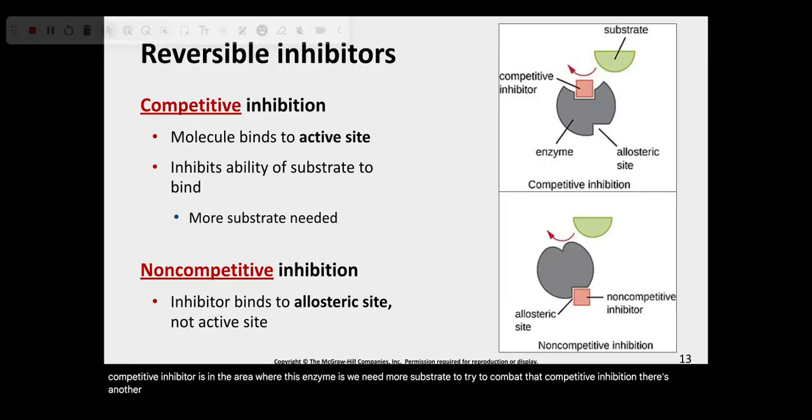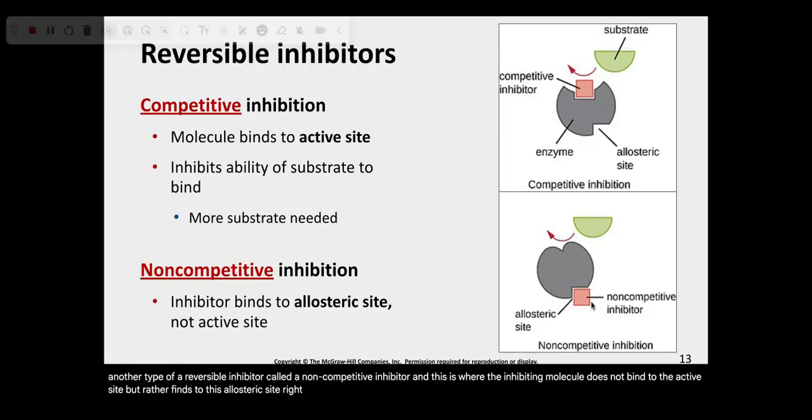There's another type of reversible inhibitor called a non-competitive inhibitor. This is where the inhibiting molecule does not bind to the active site, but rather binds to this allosteric site.